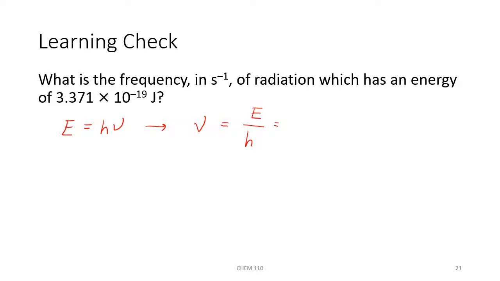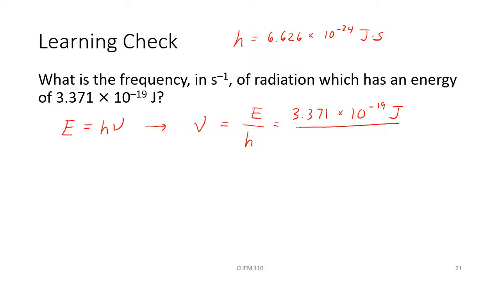Our energy that we were given in our problem for our photon, in units of joules, is 3.371 times 10 to the negative 19th. And if we divide by h, which recall is equal to 6.626 times 10 to the negative 34th joules times seconds, we can see how our units of energy are going to cancel, and we're going to be left with units of inverse seconds, which is what we want for a frequency.